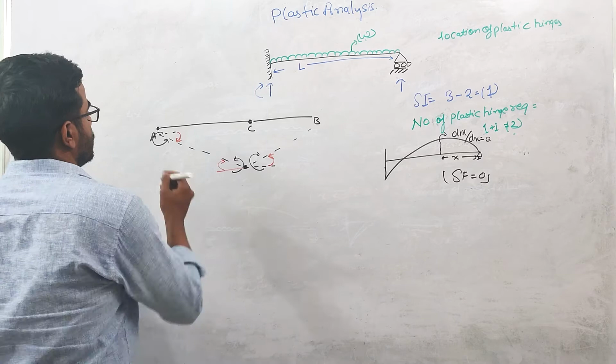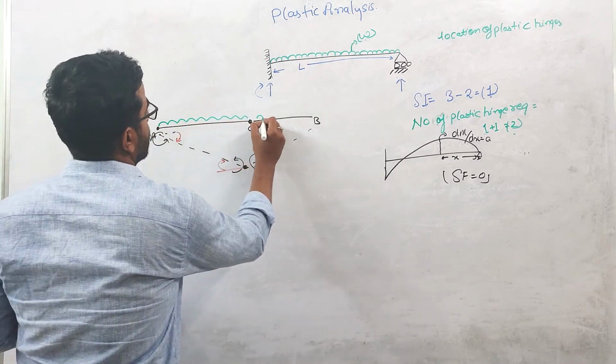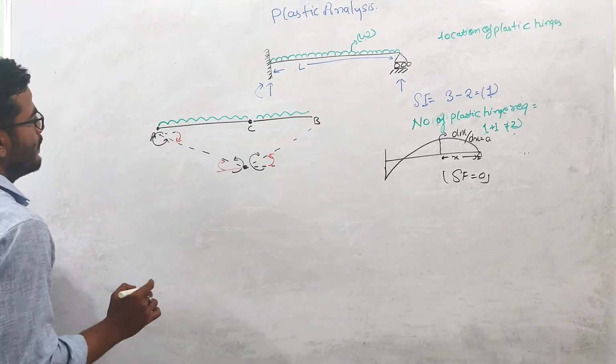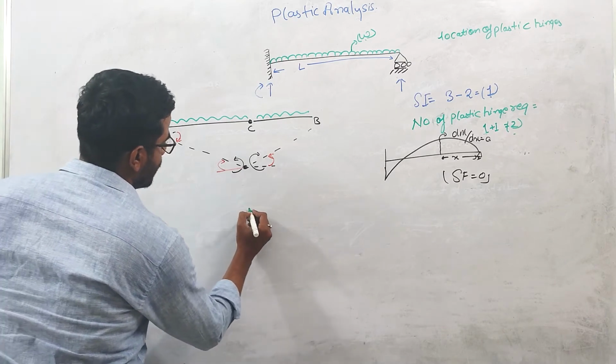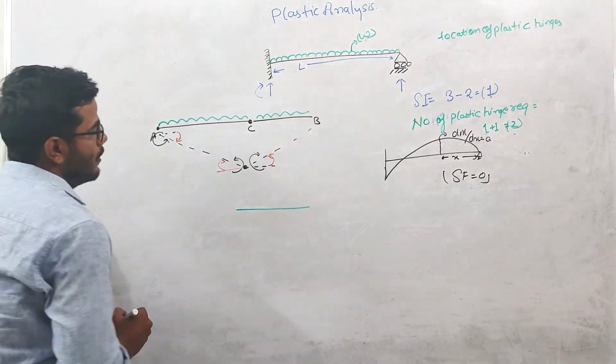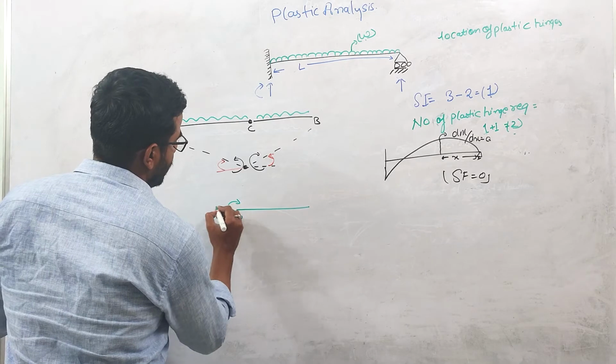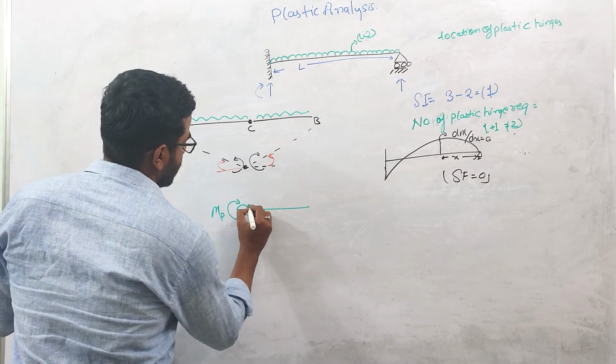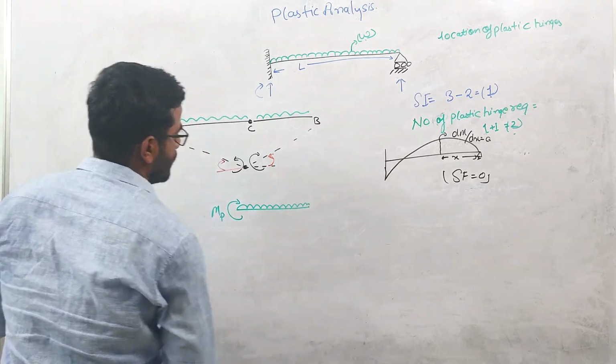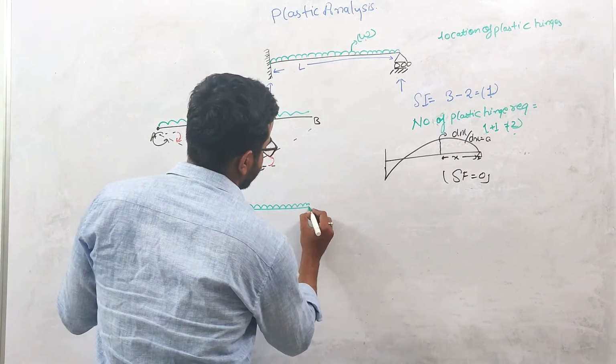UDL. Let us draw the free body diagram for this CB portion first. For the CB portion, the moment MP will act like this. There is some UDL, and at the end there is a reaction RB.